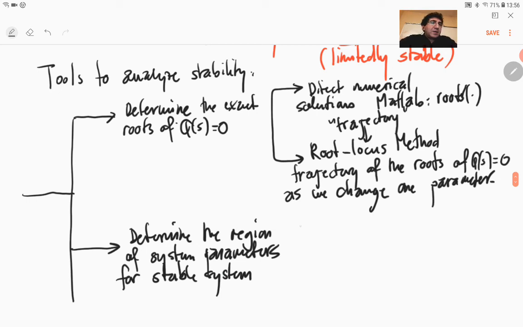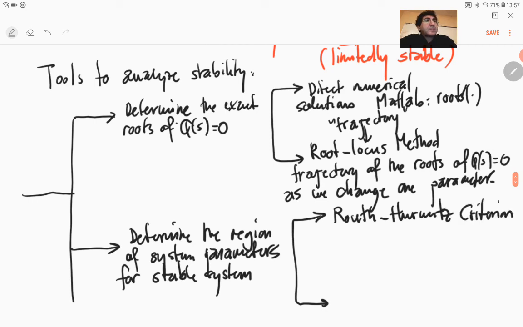One very nice method to be able to do that without solving for all the roots is called the Routh-Hurwitz criterion. Actually, for any higher order polynomial Q of S, it will tell us how many of the roots have their real parts in the unstable region, so it tells us how many roots are unstable.